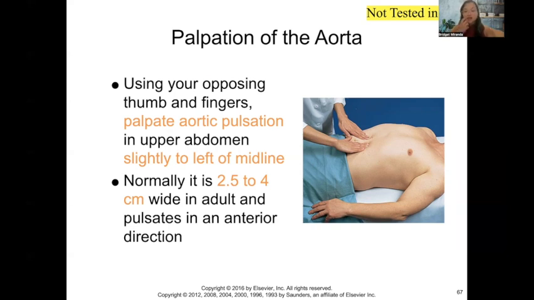Again, it depends on the size of your patient, but it should not be pulsating more than this. And if it is, it may mean that that abdominal aorta is enlarged, and again, I gave you a little allusion to this earlier, but you may be at risk for rupture or abdominal aortic aneurysm. Sometimes it's called AAA.